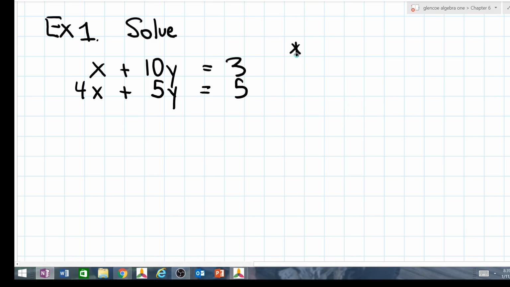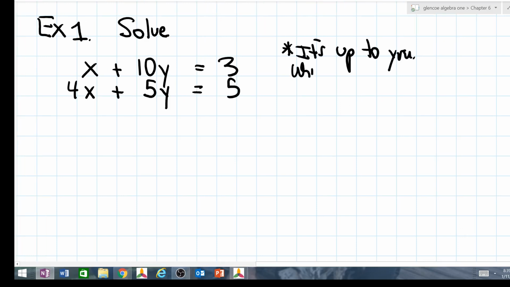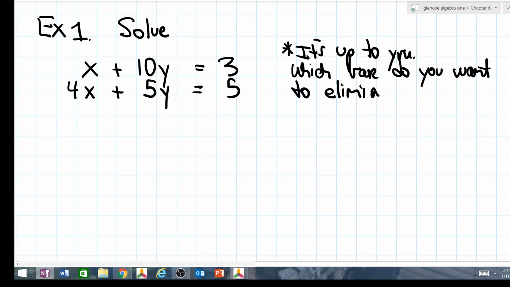Let me just give you an asterisk. It's up to you. Which variable do you want to eliminate? And so we've chosen to eliminate the y variable.